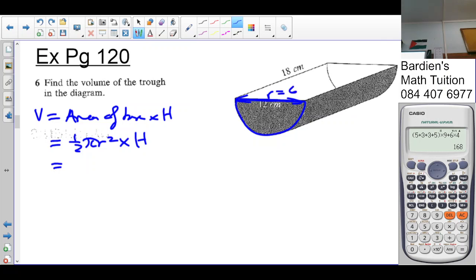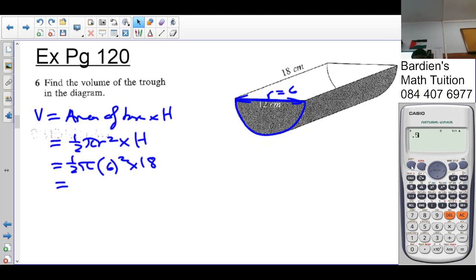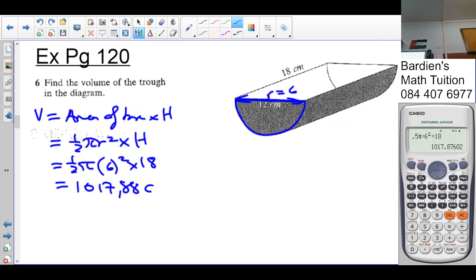So it's half pi 6 squared times height, which is 18, giving us 324 pi, which is 1017.88 centimeters squared.